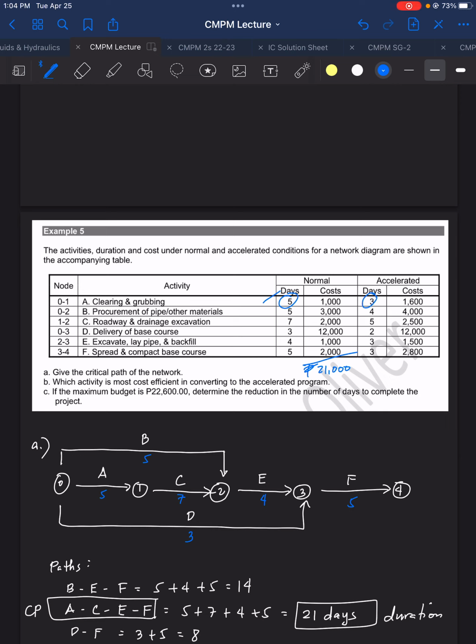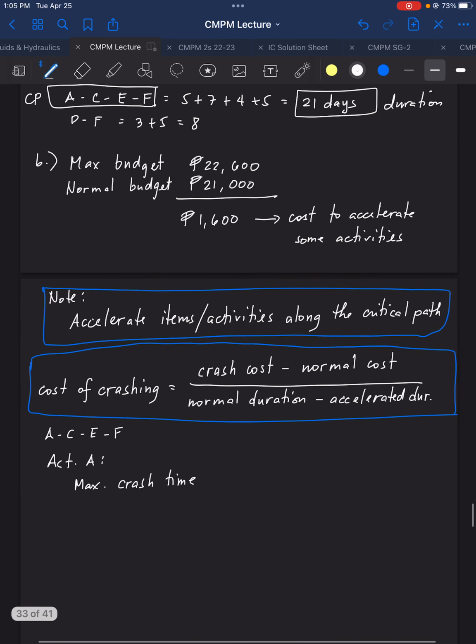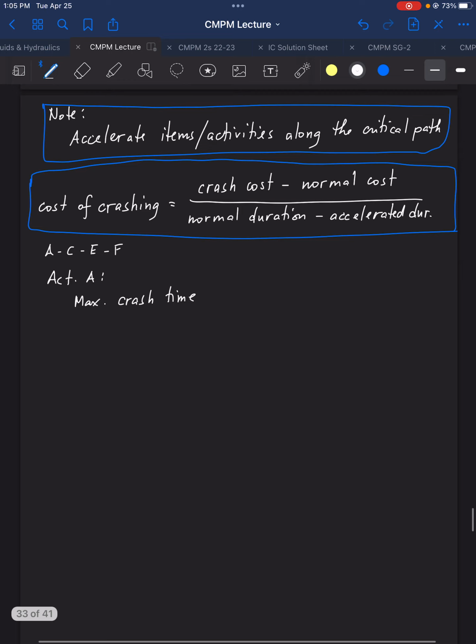So maximum time is 2 days. C, 7 minus 5, 2 days. E, 4 minus 3, 1 day. And F, 5 minus 3 is 2 days.